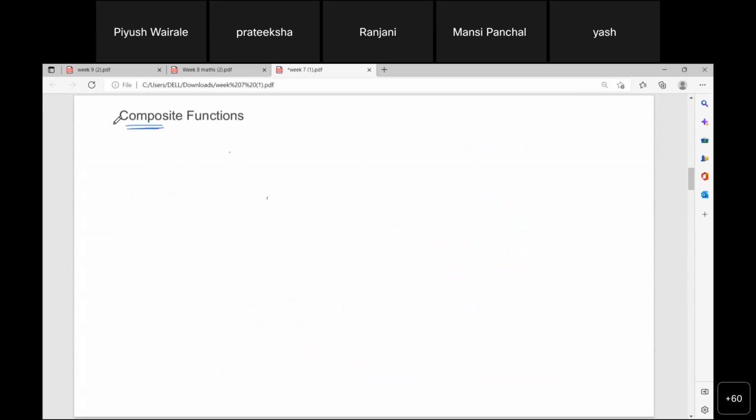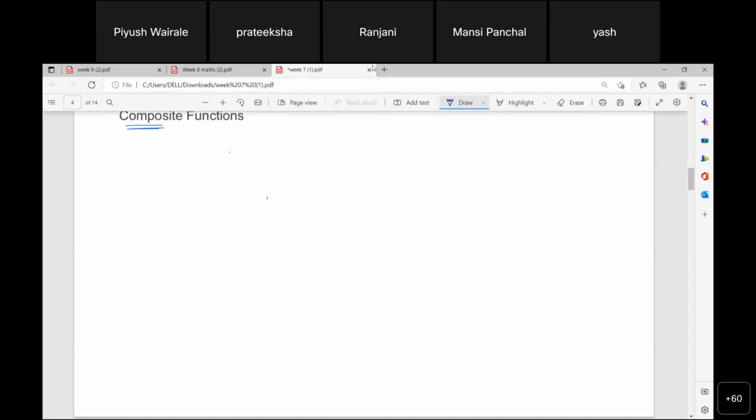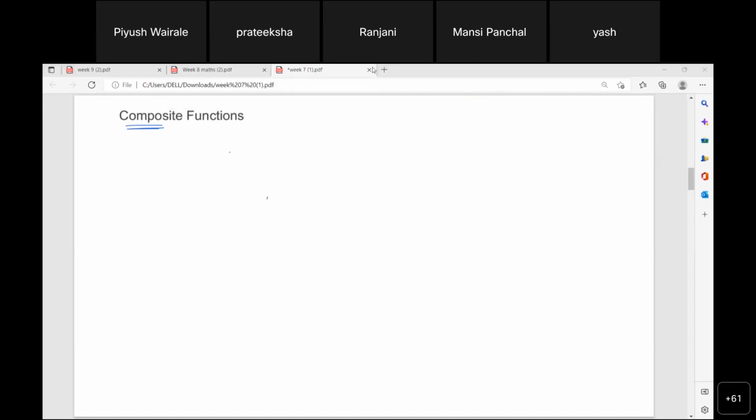So, can you tell me what is a composite function? It's a combination of functions. So if you have a function f o g of x, the range of g of x has to fit in the domain of f of x.